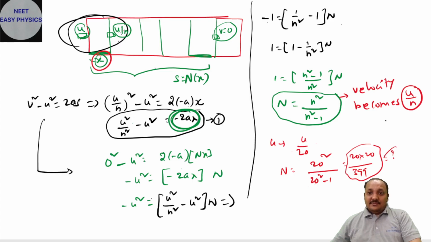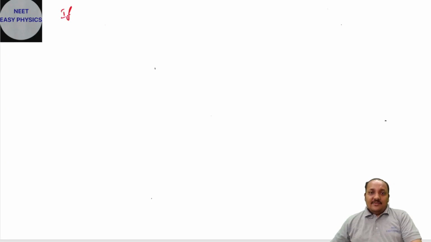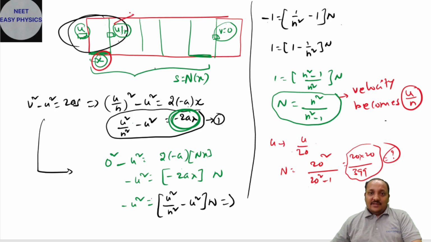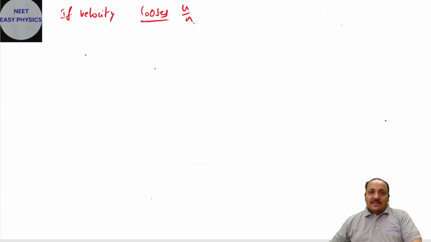Now, the same question they may ask: if velocity loses u by n, then what is the velocity here? You have to take u minus u by n. So in this formula, final velocity is going to become u minus u by n for the same equation. I'm not going to derive it directly, we will write u minus u by n whole square minus u square equal to 2 into minus a into x.